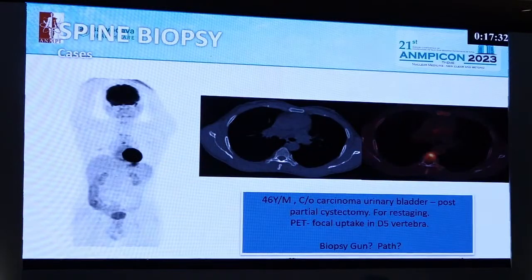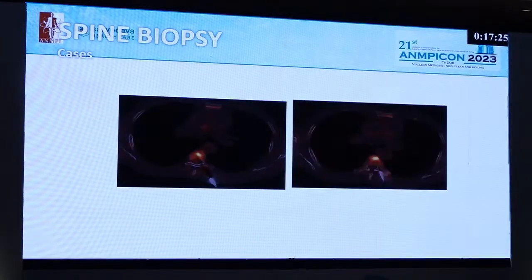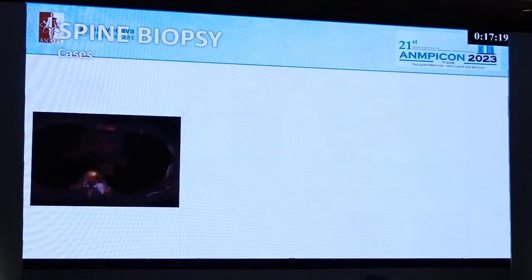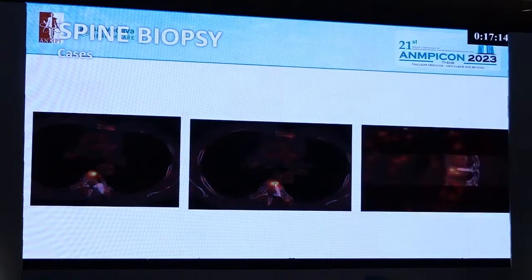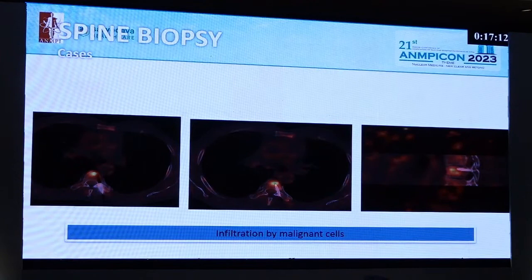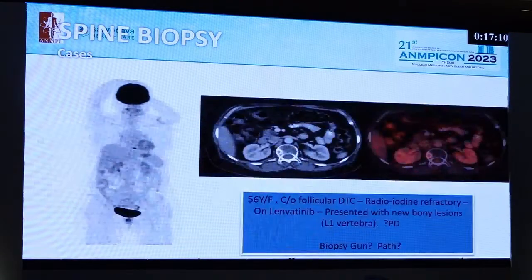I am showing a few cases. In this case, we have a lesion in the dorsal vertebra, and to target this lesion we have to use the transpedicular approach from the left lateral component, reaching up to the target site, where we took out the samples. It was a malignant sample.